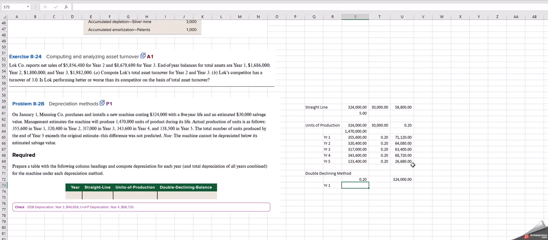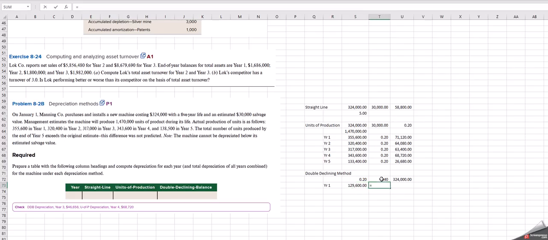So then our double declining is going to be that times 2. So then we're going to take the 324,000. Well, actually, I can just go like this. I'm going to take that number times that rate, the double declining rate, and that's going to be how much depreciation it is.